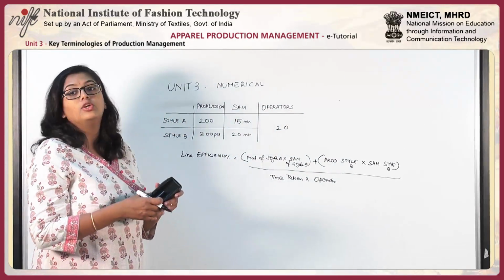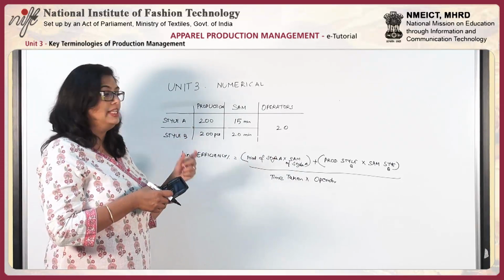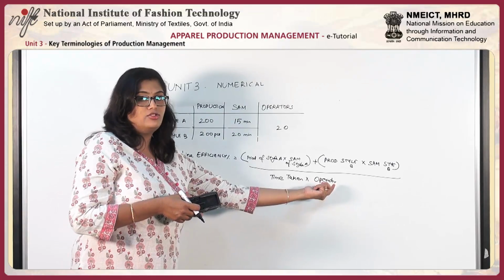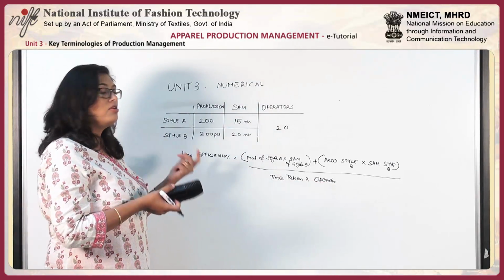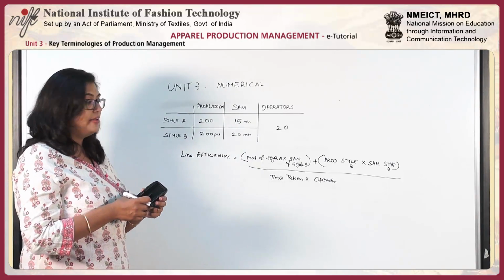In case you have a numerical wherein there are two different sets of operators for each style, all you need to do is club both the sets of operators here, which will also give you the same result. So let us try and calculate here.